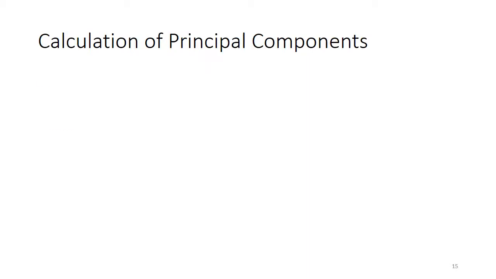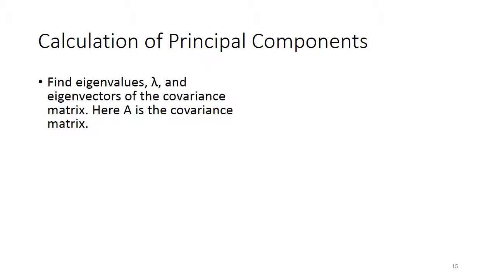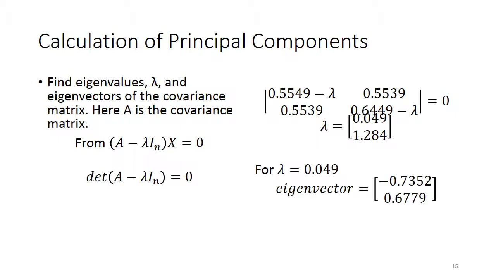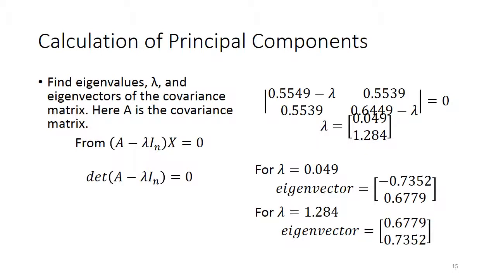So then we're going to calculate the principal components by first finding the eigenvalues and eigenvectors of the covariance matrix. So where A is the covariance matrix, we can use this matrix identity to set the determinant equal to 0 and find the eigenvalues. And then from here we can find the eigenvectors corresponding to each of the eigenvalues.